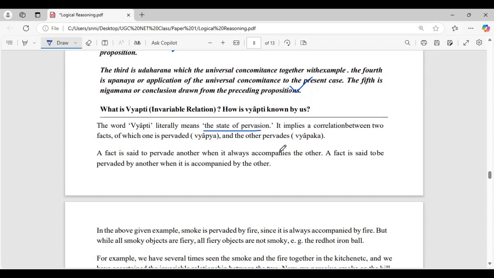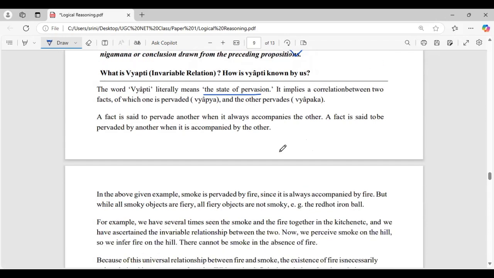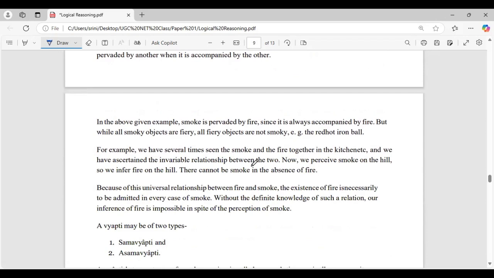A fact is said to be pervaded by another when it is accompanied by the other. The example given: smoke is pervaded by fire.